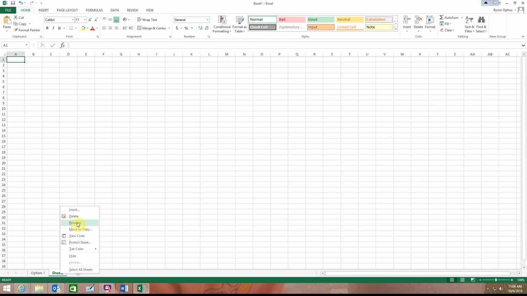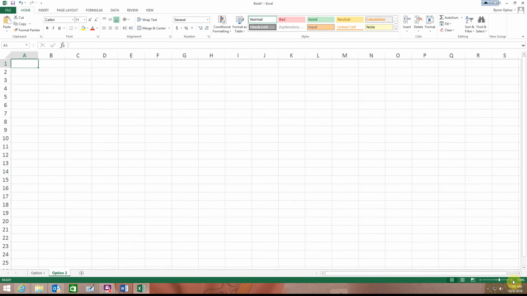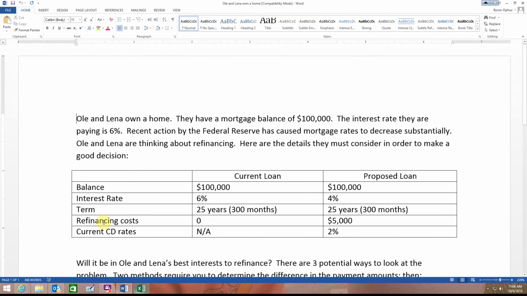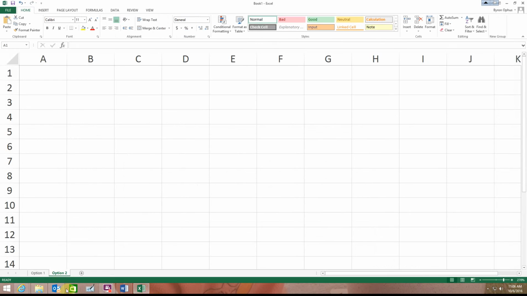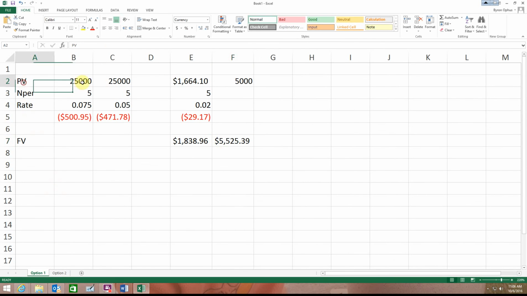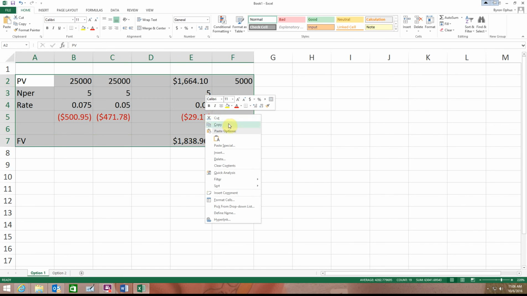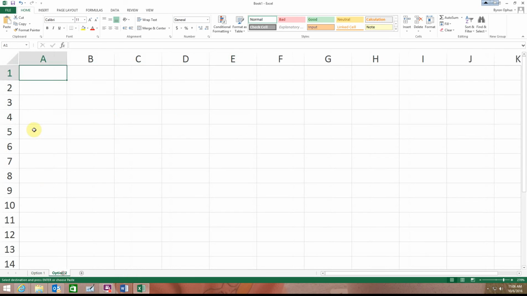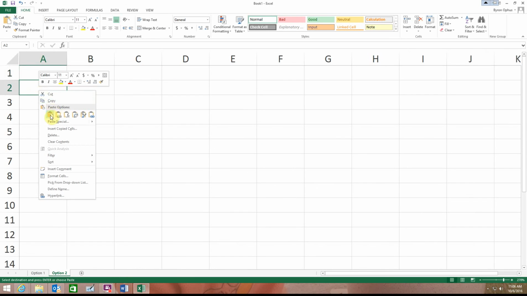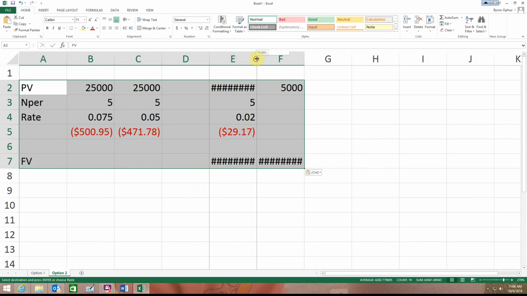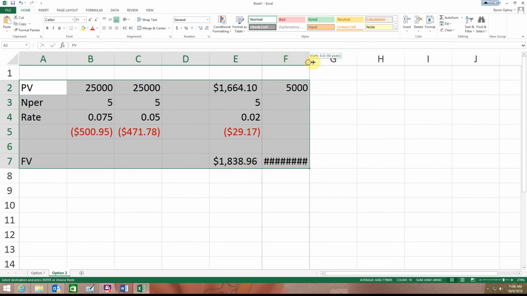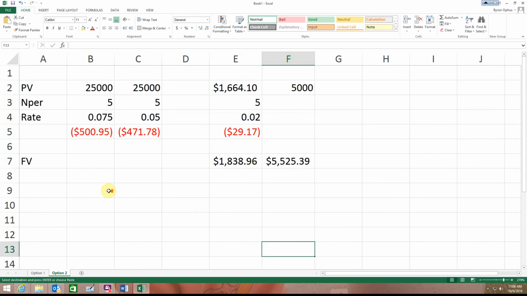Let's go rename this option 2 and make it bigger so we can see it. And then we'll just go copy and paste. I guess you guys could do it that way too. So there we have option 2.